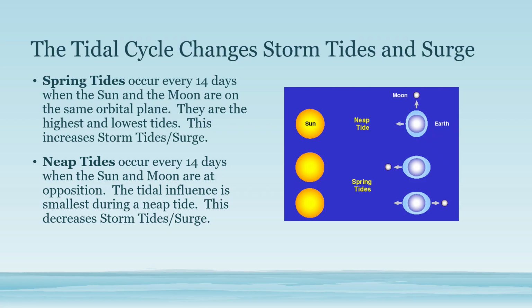If you add that to a hurricane storm surge, you are getting an astronomical sea level change. A neap tide tends to be moderate, a lot less, and if a hurricane were to hit during a neap tide, its impact would be less as far as coastal flooding goes.